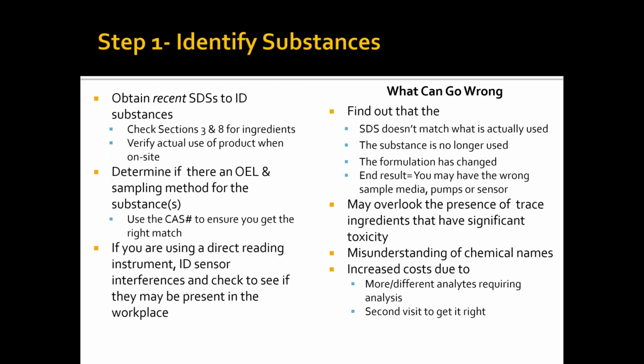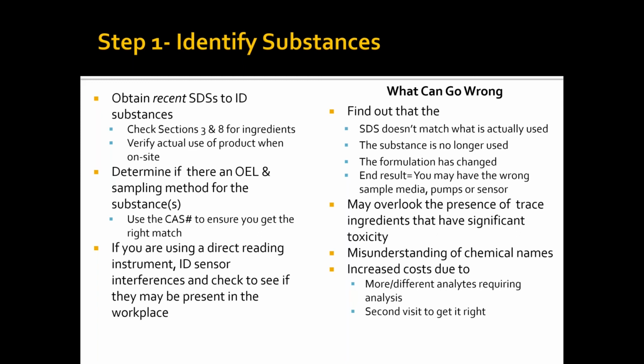When the sampling was done, one SDS was provided, but on site, a different one was provided. Now, this is a solvent sampling, so in the laboratory, that can be kind of easy to fix, but the point was the product being used was not the safety data sheet that was provided. In another case, I was out in Massachusetts sampling and provided with SDSs from the corporate people.